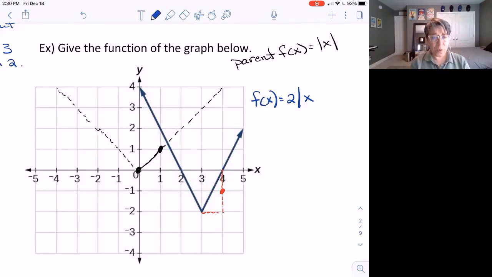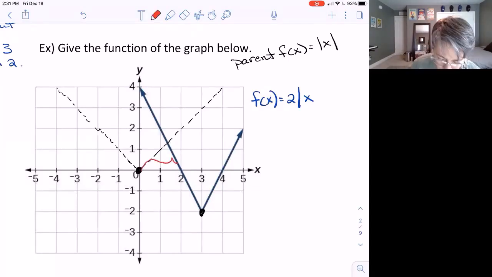And then we need to figure out if this guy has been shifted left, right, up, or down. So on this, I would again focus on points that we know. For example, the tip of that V and the tip of this V. How did we get from the origin over to (3, -2)?